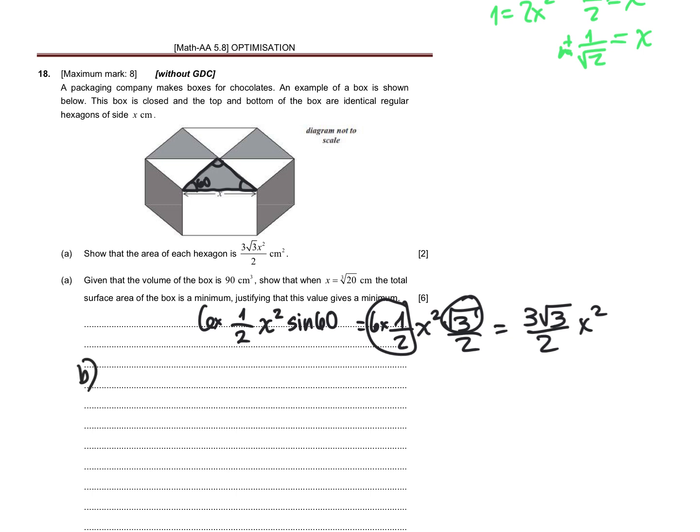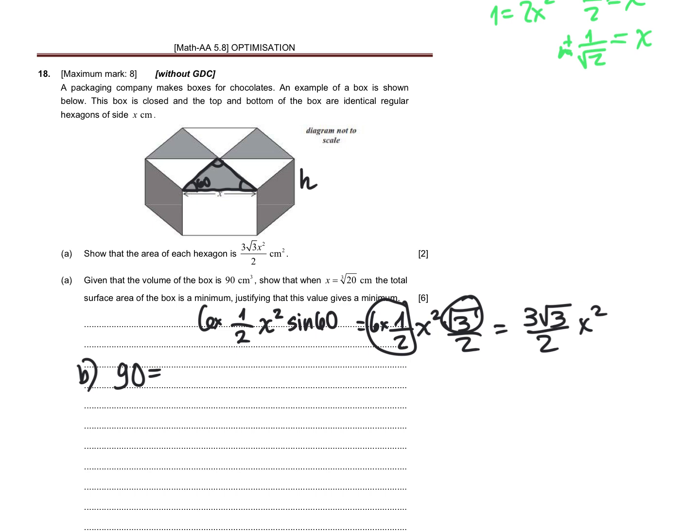For B here, given that the volume of the box is 90, okay, we don't know the height. So we do know the area of the face.